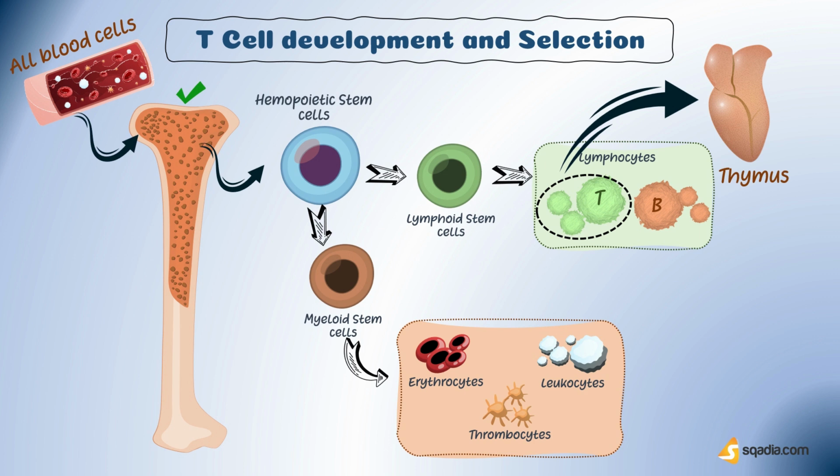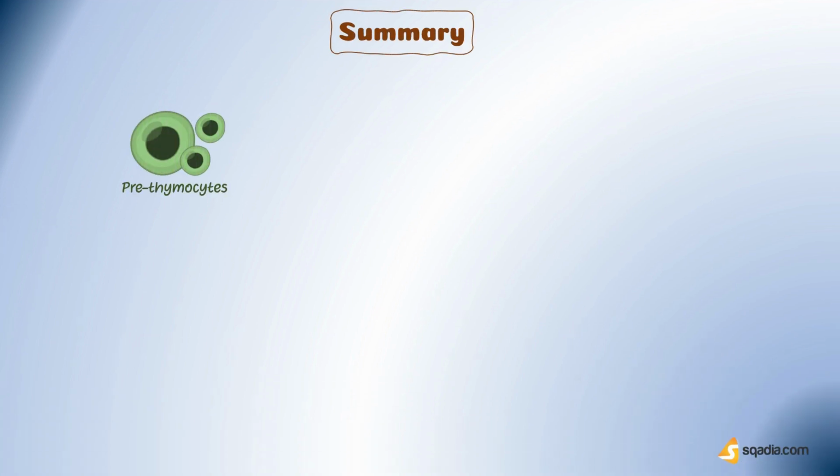It continues side by side, before the release of T-cells into the circulation. But before going into details of this T-cell development and selection, first we will have a brief look at the summary of the entire process.